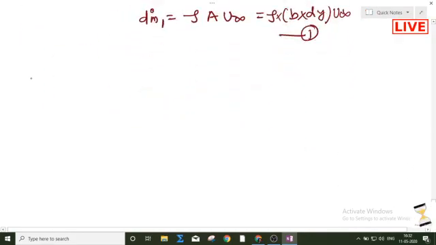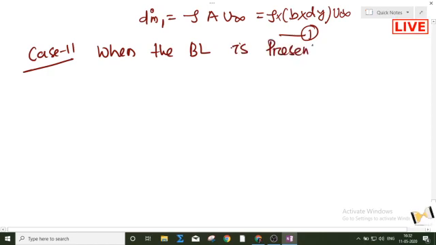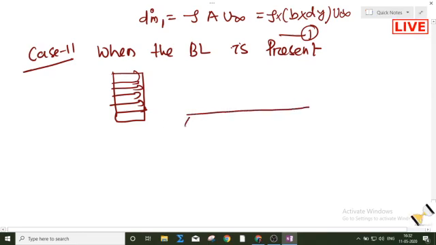Now case 2, when the boundary layer is present. This is my free stream velocity. Understand this very carefully, it is a very important thing. If you can understand this derivation, you can solve any problem in your exam.